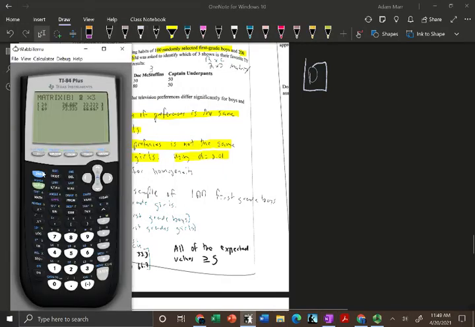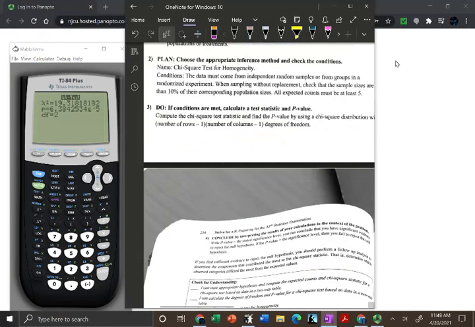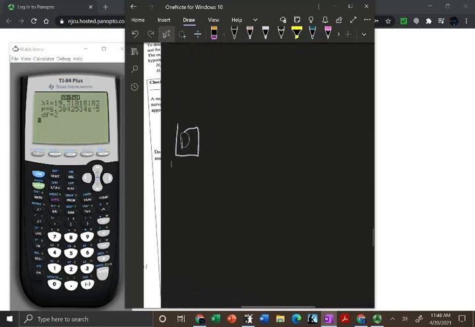Guess what? Right here, we're going to go to stat, test, and go back to the chi-square test, and guess what? It's done. All right, calculate. There it is. So the chi-squared value is 19.318.